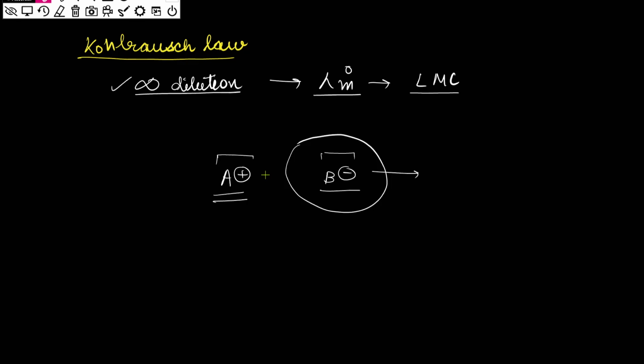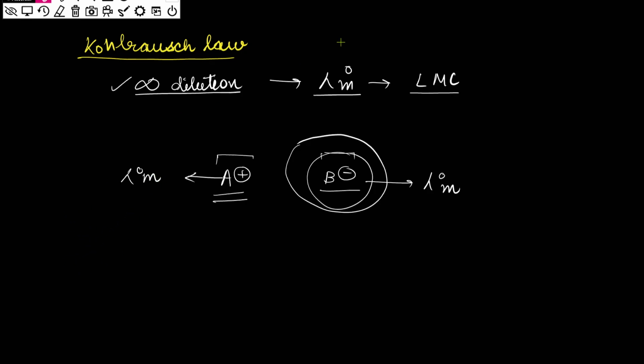See, under the influence of the other ion, it was showing some molar conductivity and that was lambda m. But now the influence has been removed because the dilution is infinite. So in that condition, it will show its limiting molar conductivity. It will also show its limiting molar conductivity.